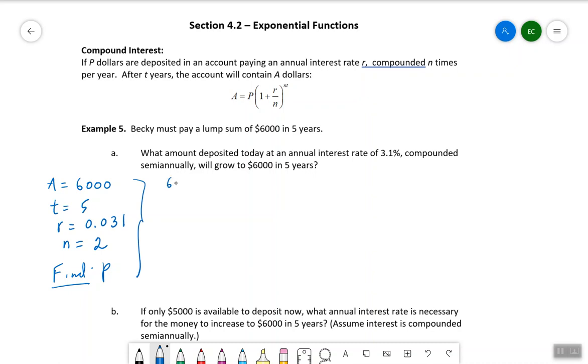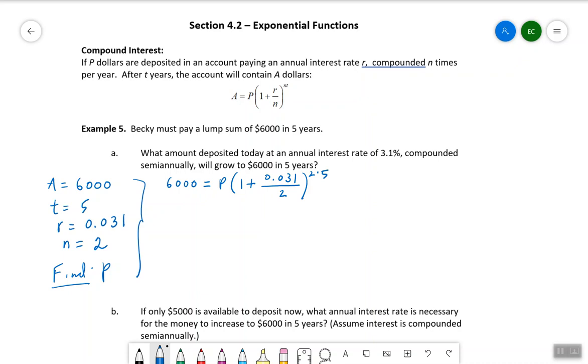So A, 6,000, is equal to p times 1 plus R, which is 0.031, divided by 2, raised to the n times t, which is 2 times 5 or 10.